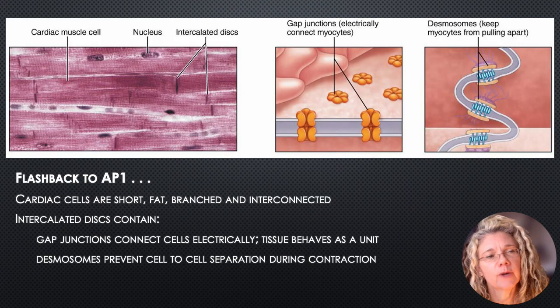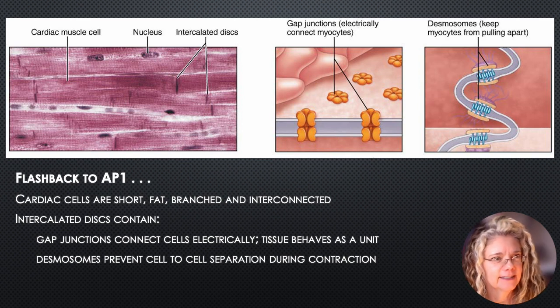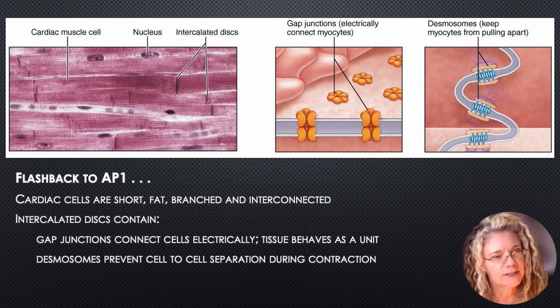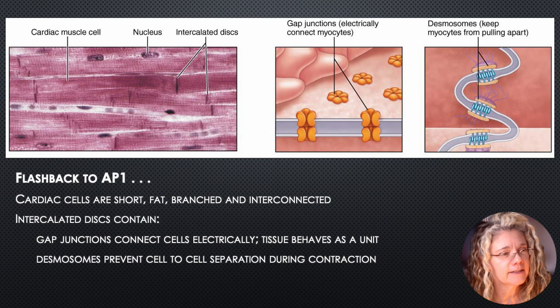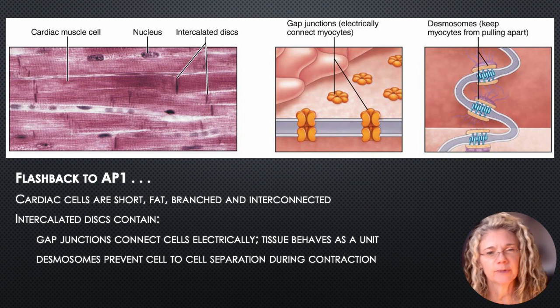All right, let's take a quick little flashback to AP1 when we're talking about cardiac muscle tissue and what's special about cardiac muscle tissue. Cardiac cells, as you might remember, are short, fat, and organized, though not in the same beautiful way that skeletal muscles are organized, and they're interconnected by these dark bands we call intercalated discs, all right?